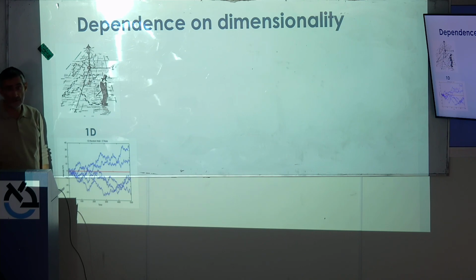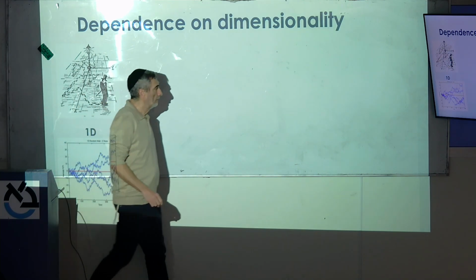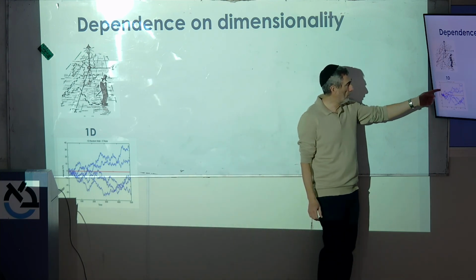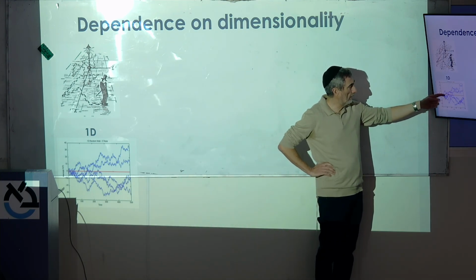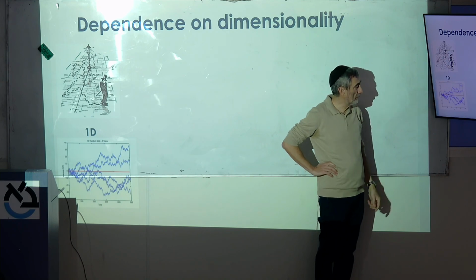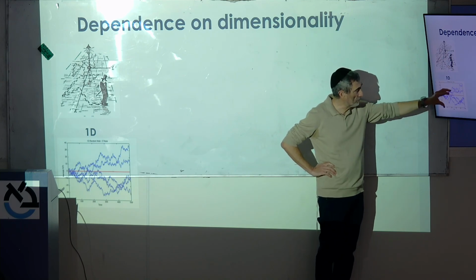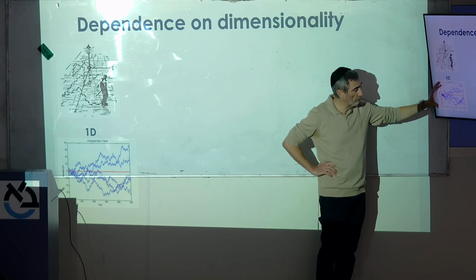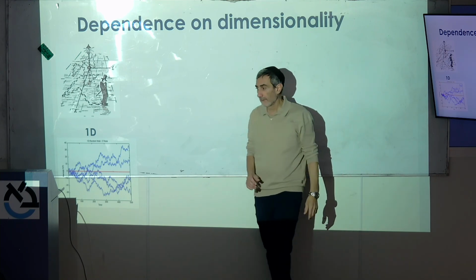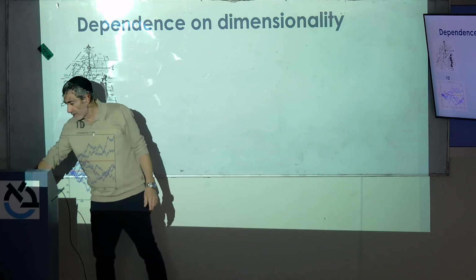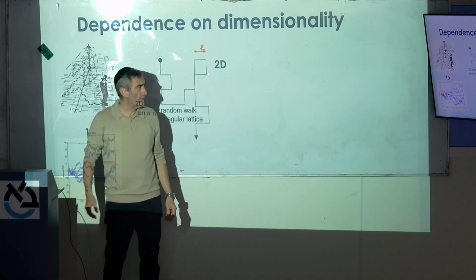You can go left or right, so here going up or down. And over time, you can have different trajectories. And there is this expansion here. The expansion goes like square root of time.